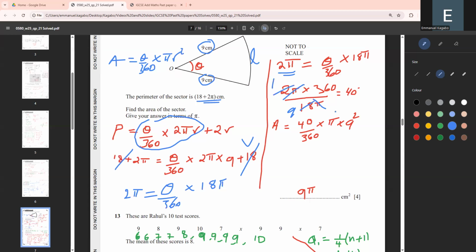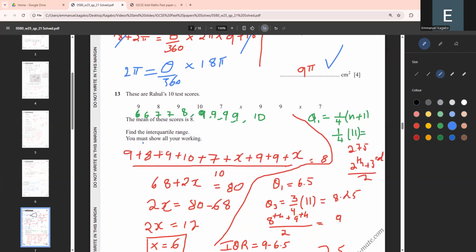Okay, so that's why you see here, I said the area is equal to the angle, which is 40 degrees, the one I got, over 360 times pi times the radius, which is that. So this cancels out with that. 1 by 4, 1 by 4, I'll get 9. Here, if you can see, this is 9 squared. So one 9 cancels out with that, then I'll get 9 pi. I hope you have understood.